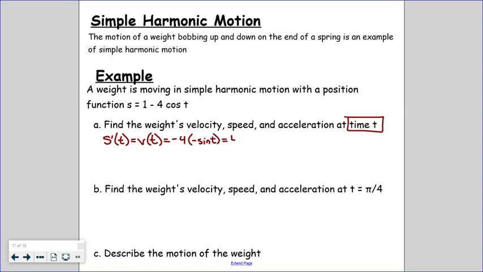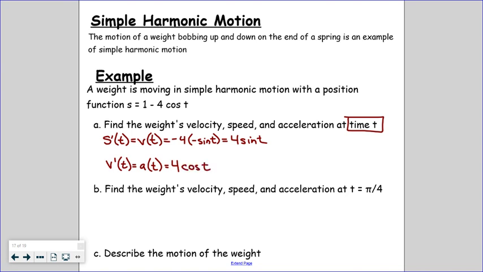Negative times a negative is a positive 4 sine t. Our acceleration is going to be the derivative of our velocity function. So now I'm going to take the derivative of 4 sine t to get acceleration. Again, the constant multiplier can just sit out front, and we would do the derivative of sine of t, which is just cosine t.